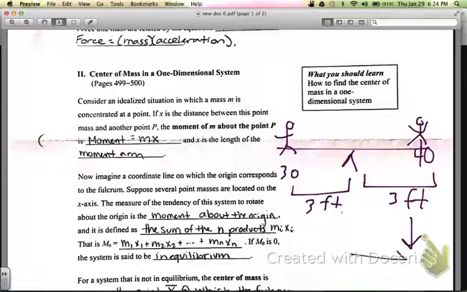But if you move him further away, you can move him to a point where their m times x, their moment, would be the same. So x is the distance, the moment arm, and m is the mass of the person. If you move them further away, you can get the teeter-totter to balance eventually.